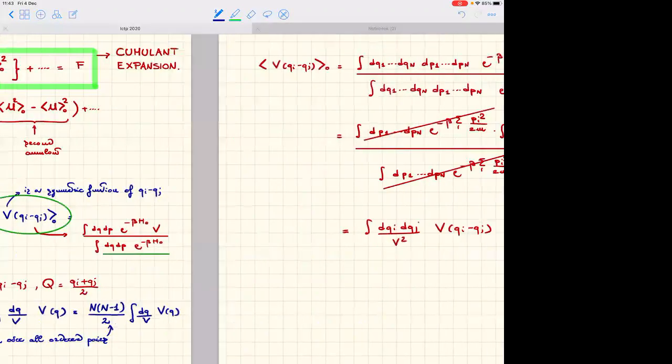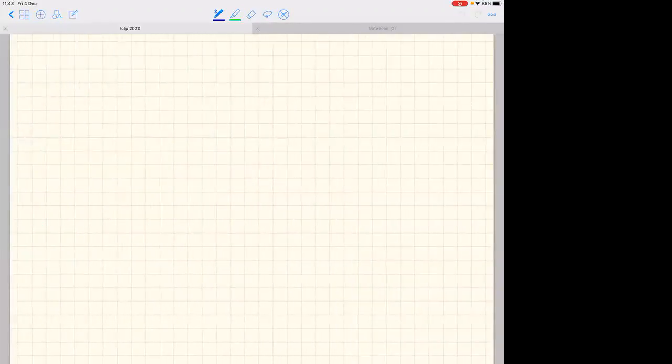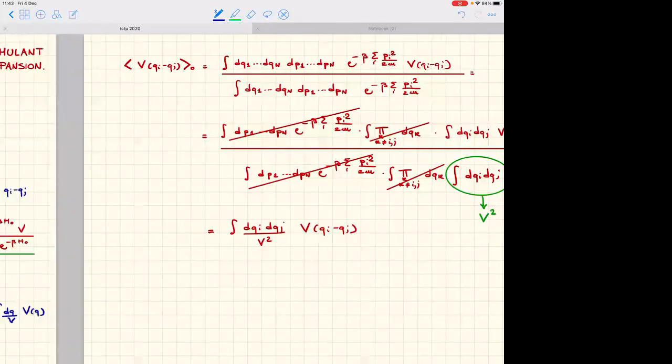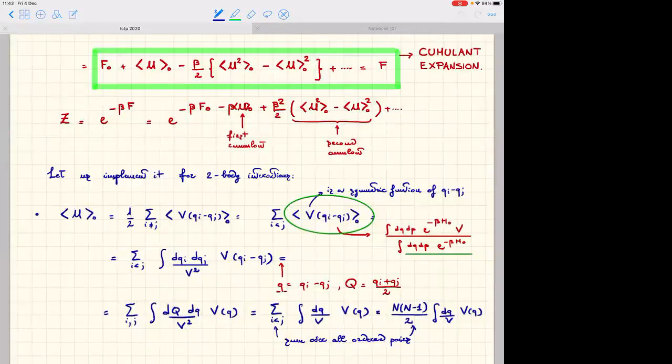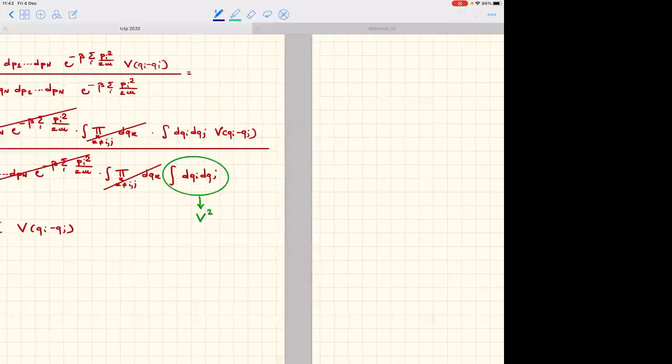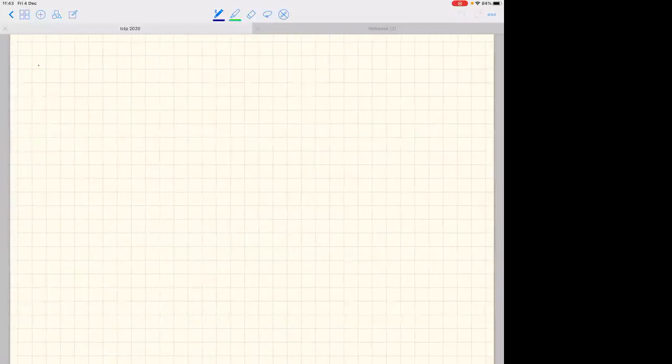All right, so now that we know this, let us move on and compute the next coefficient. The next coefficient, which is a bit more complicated, is the average of u squared minus the average of u naught squared.